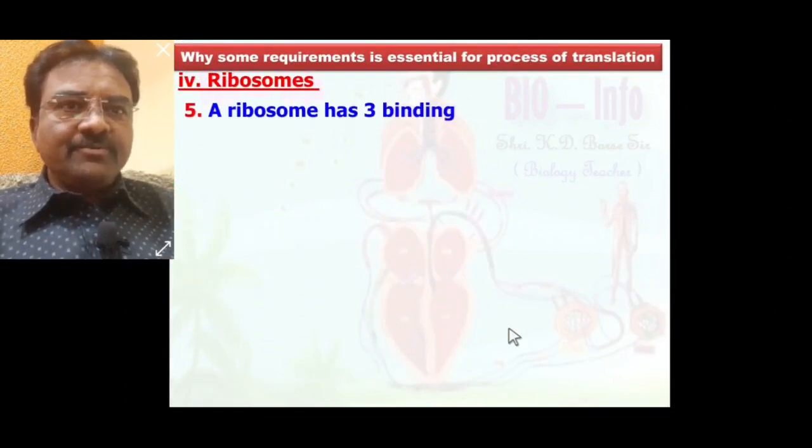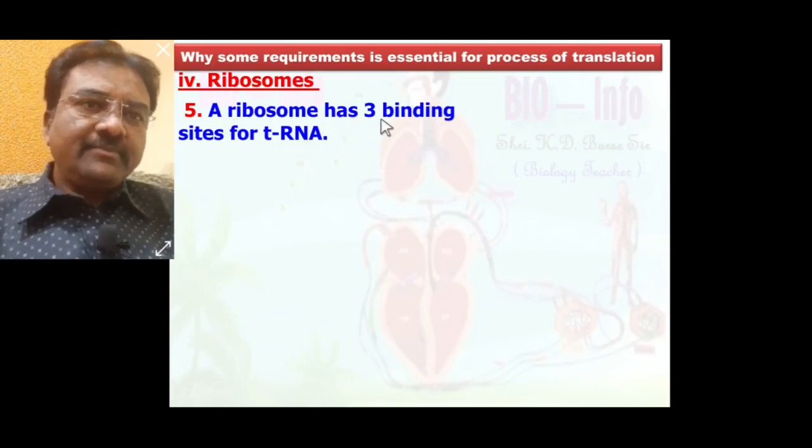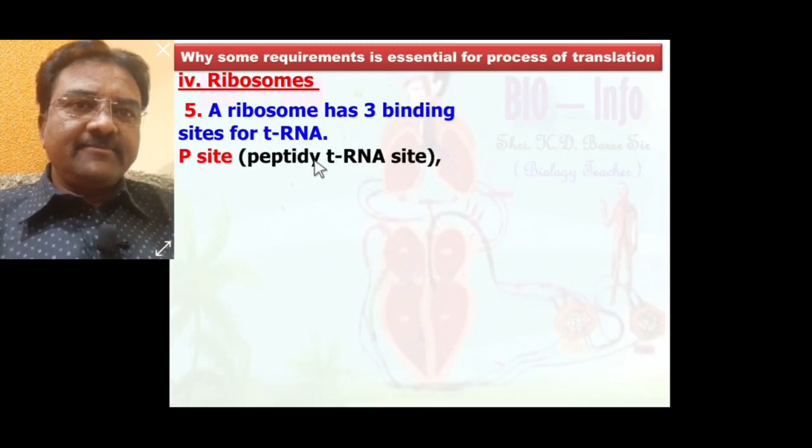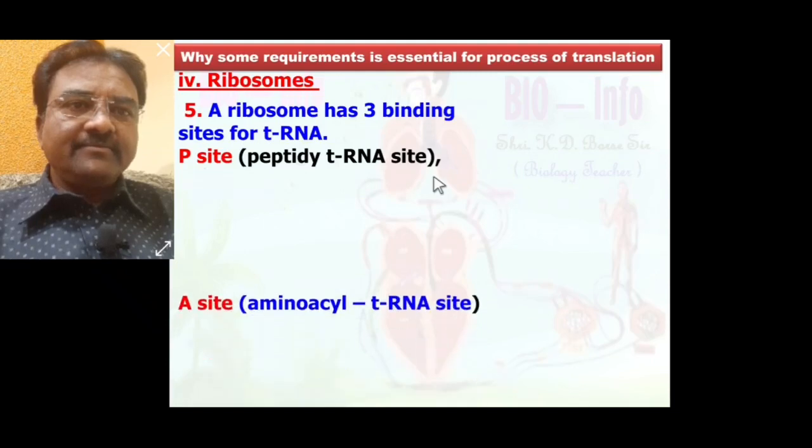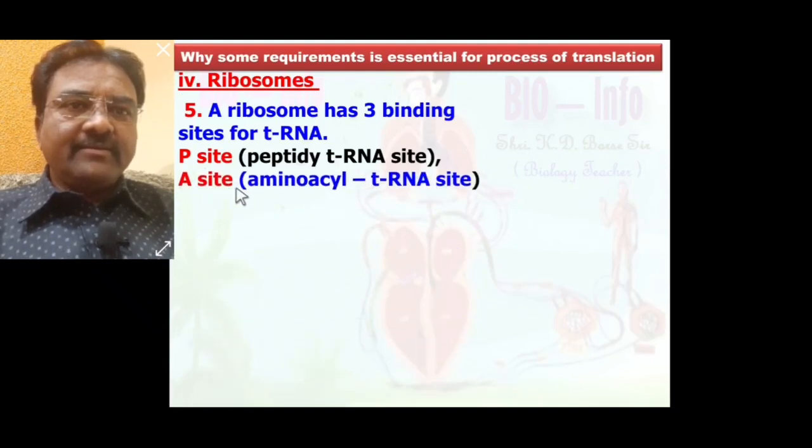A ribosome has 3 binding sites for tRNAs. P site means peptidyl tRNA site. A site means aminoacyl tRNA site.